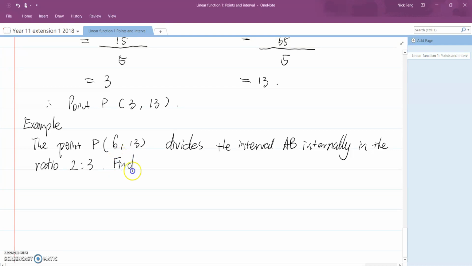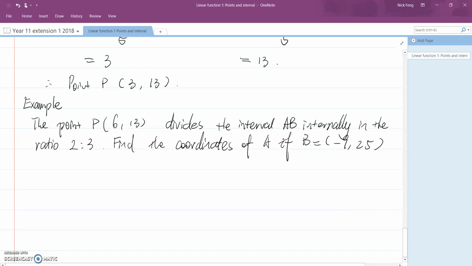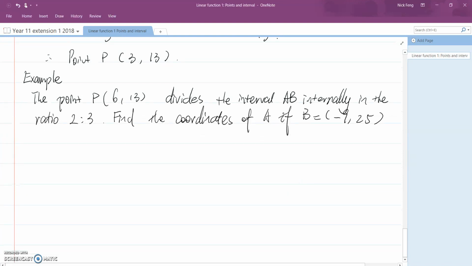Now find the coordinates of A if B equals -9 and 25. Okay, so always think forward, never think backward. So the division point formula, given that xp should be over 2 plus 3, and 2 plus 3 at the top as well.